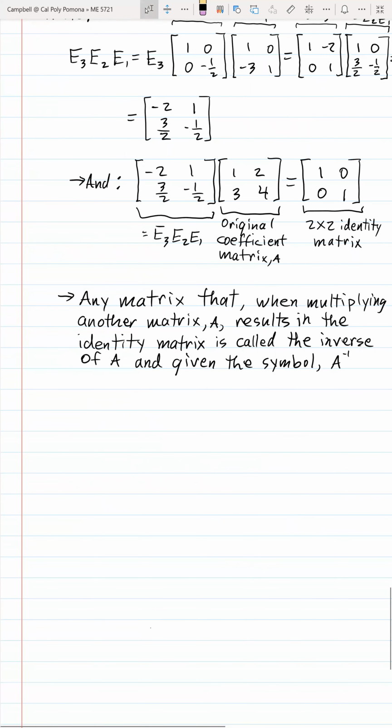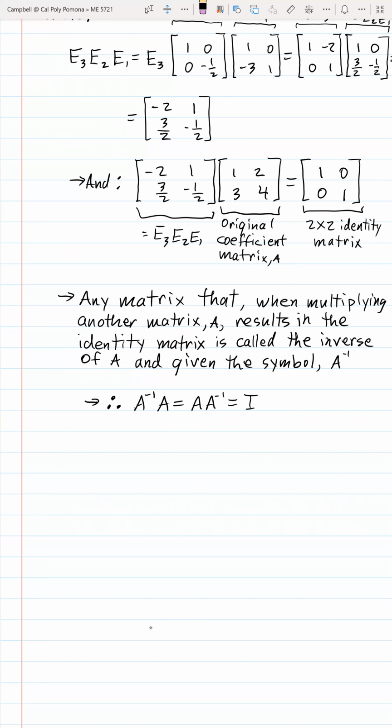And it turns out that the inverse has an interesting property as well. We just saw that, of course, A inverse times A, because the products of those elementary matrices exactly fits that description. So that product of the elementary matrices is the inverse. And so A inverse times A, of course, is equal to the identity matrix. So if I do left multiplication, I get the identity matrix. Turns out if I do right multiplication, I get the identity matrix as well.